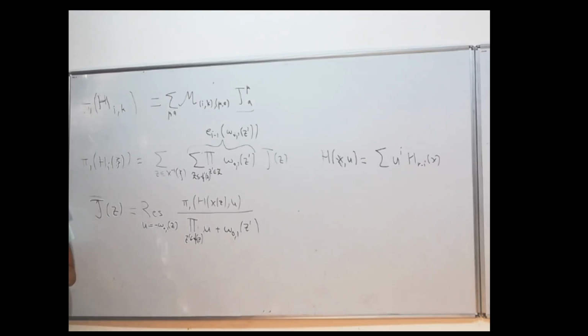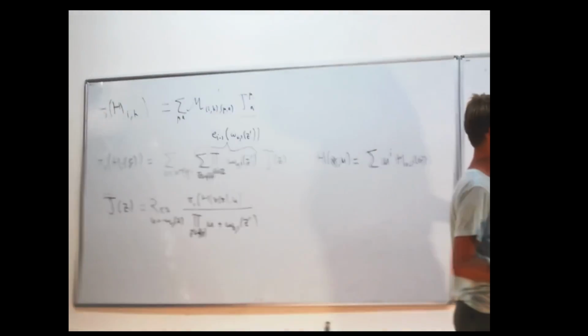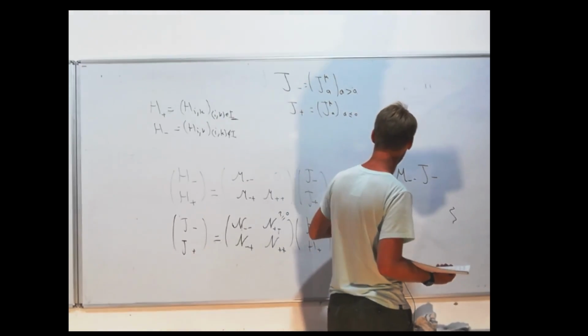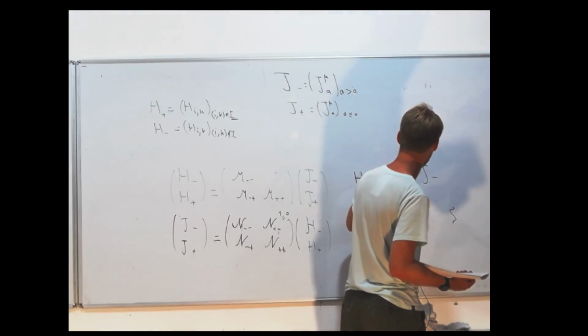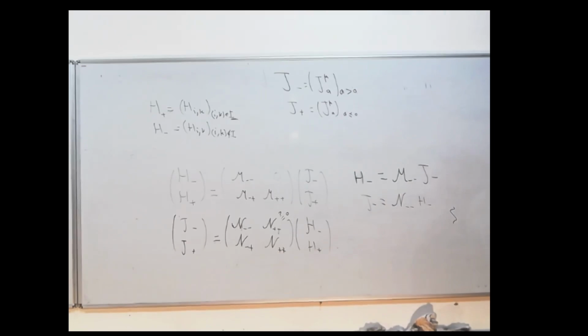It turns out that if you do some complicated manipulations, we do actually get that n plus minus is also 0. And that is sufficient to tell us also that j minus is n minus minus h minus, so that these blocks are in fact each other's inverse. And that gives us a degree 0 condition. Sorry, degree 1 condition. The degree 0 condition is even easier. There will just be 0 for this range. There will be some exercise on that.